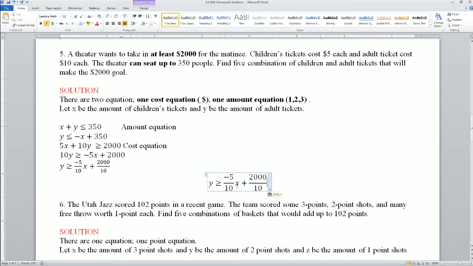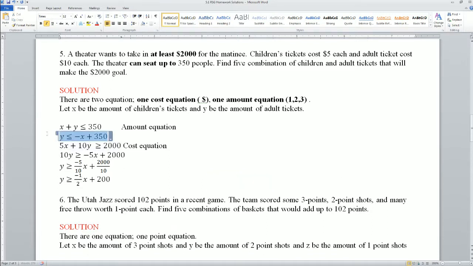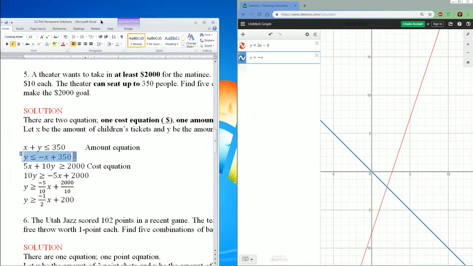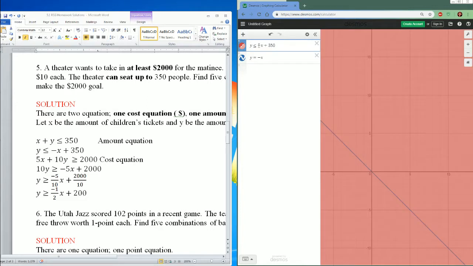Let's see. Yep, this becomes negative 1/2, and this becomes 200. Good. Now we graph this. We can just use this equation in decimals. And y is less than or equal to negative x plus 250.